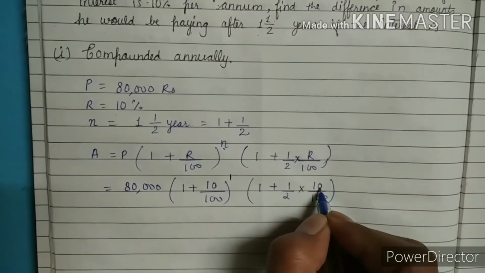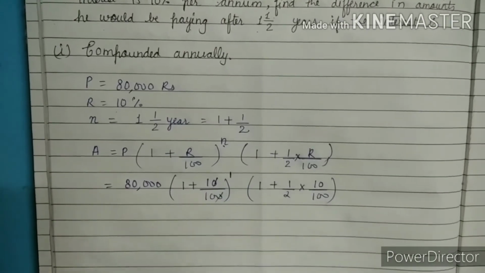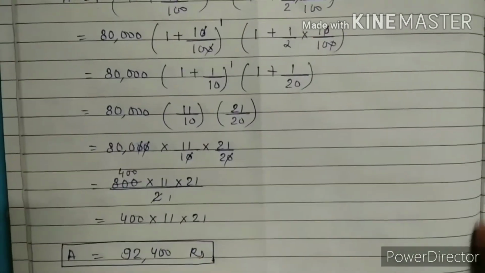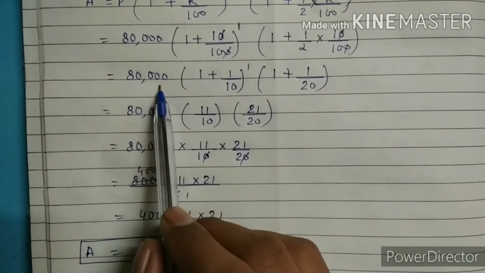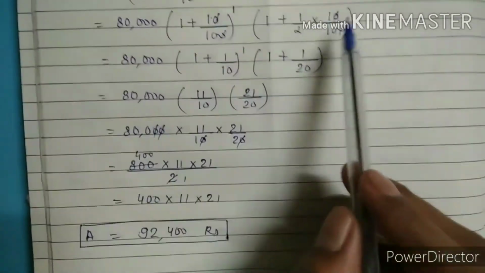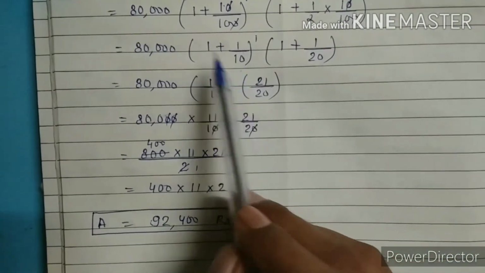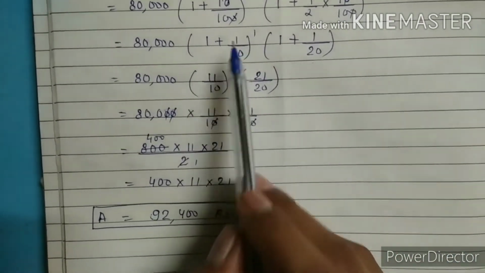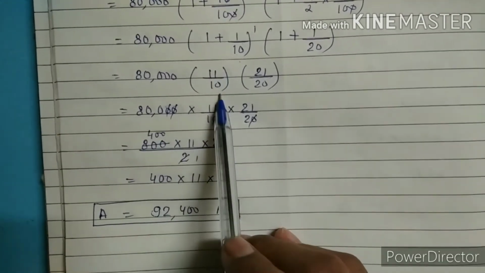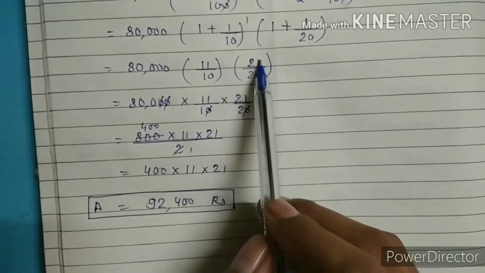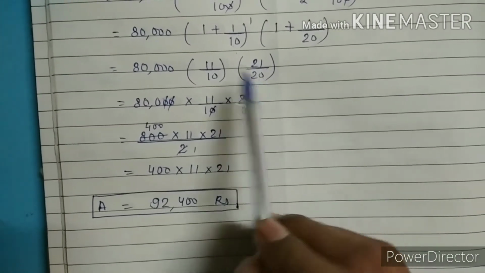Rate of interest is 10. 0 to 0 cut, 0 to 0 cut. So we will get 80,000 as it is. 1 by 10, here 1 by 10 into 2 is 20. 10 into 1 is 10, 10 plus 1 is 11, 11 by 10. Here 20 plus 1 is 21 by 10.